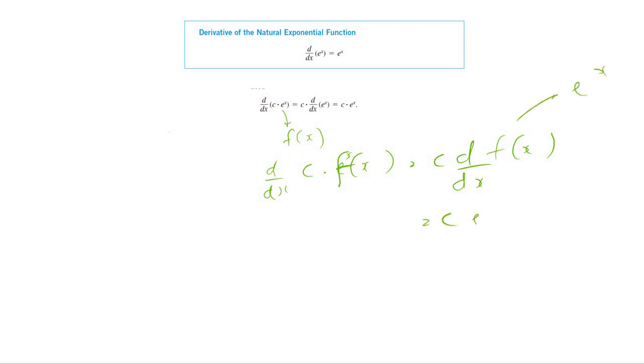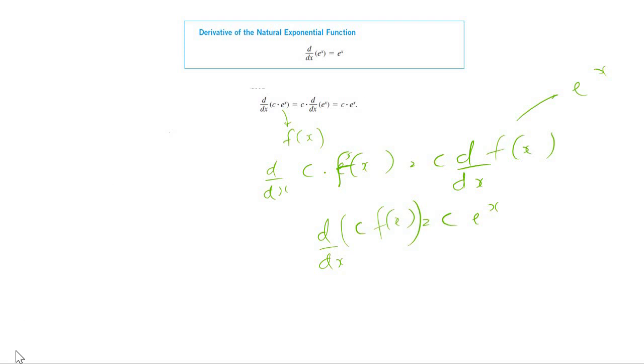This is similar to d over dx of c times f(x), where f(x) is a function of x, being equal to c times d over dx of f(x). And when f(x) is equal to e to the x, we see that it is c e to the x. That's the derivative of d over dx of c f(x).